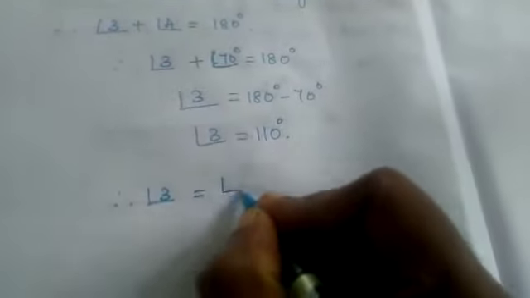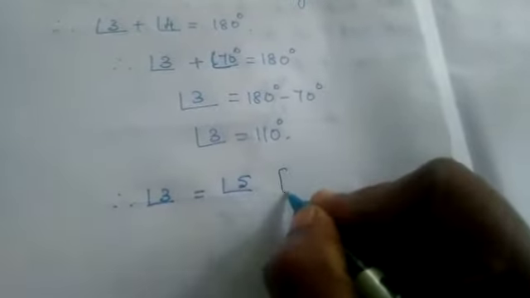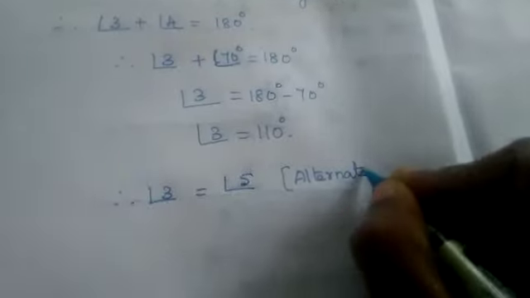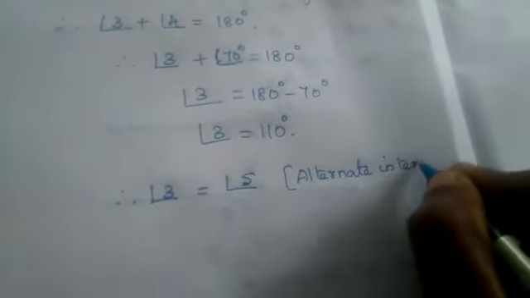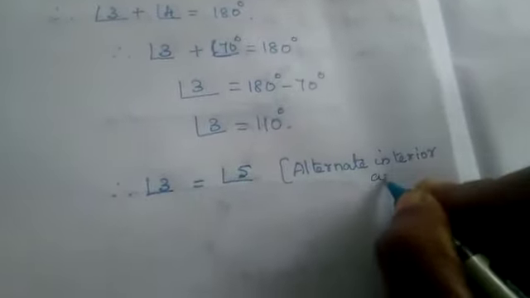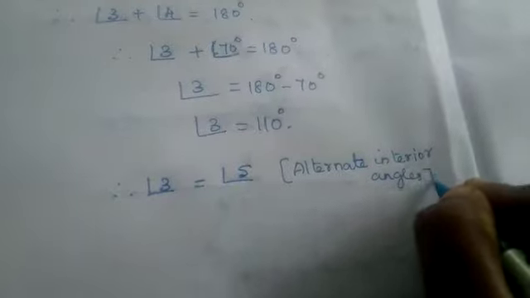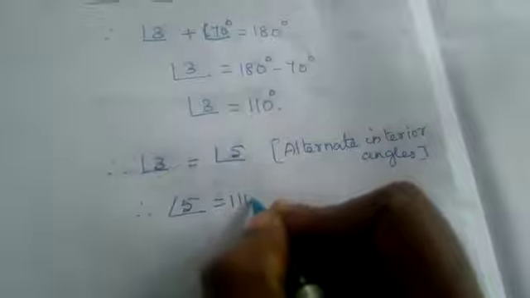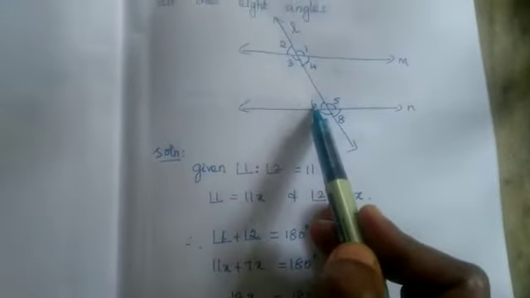Now angle 3 equal to angle 5, which are alternate interior angles. Therefore angle 5 value is what? 110 degree. In the same manner angle 4 equal to angle 6, since alternate interior angles are equal.